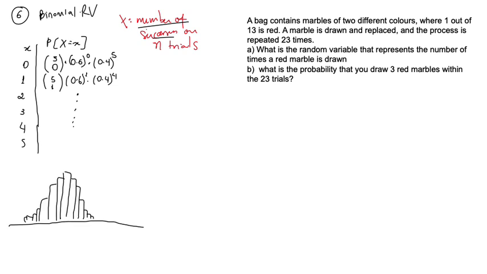Okay, and it will always resemble a normal distribution, okay? All right. So this is kind of a recap of what the binomial random variable is. Okay, so it's a repeated trial where you have a chance of success and you want to assess the number of successes, the chances of having the successes, okay?